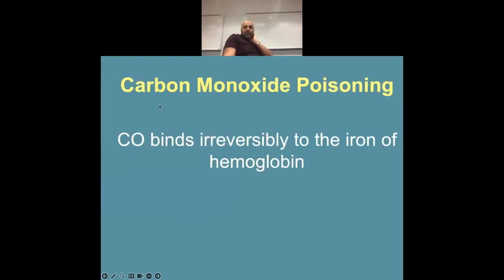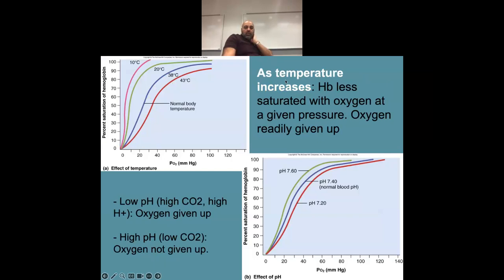So here, the blue is normal. When the body isn't really working, it doesn't need to unload very rapidly. It's not taking oxygen away. Whereas when your body is really working, with high temperature and things like that, we start to unload it much more aggressively.